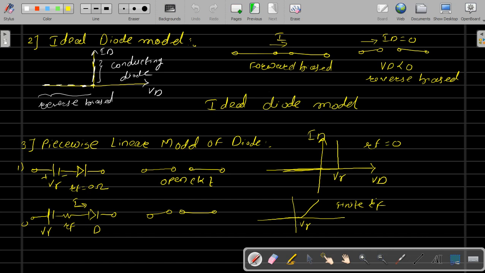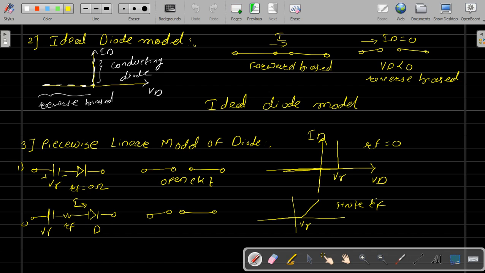In such approximations, we neglect the diode forward resistance, and the diode is assumed to conduct instantaneously when you apply some voltage to it. That means when VD is greater than or equal to the cut-in voltage, current starts flowing through the device with no resistance, that means forward resistance equals 0 ohms. And in the reverse bias condition, when VD is less than 0, the diode will not conduct at all, it will be an open circuit.